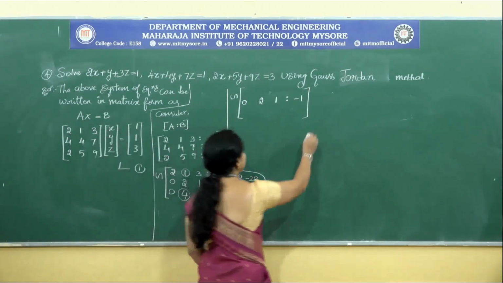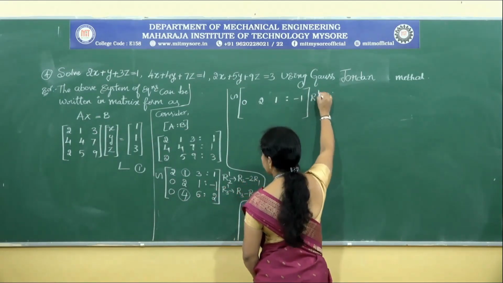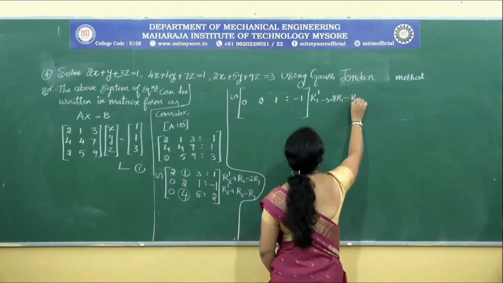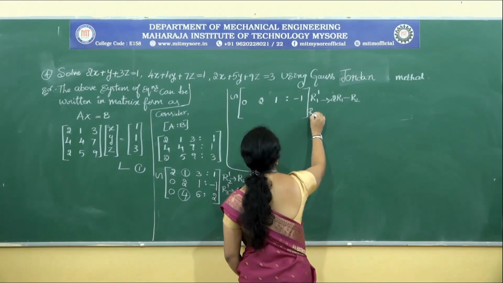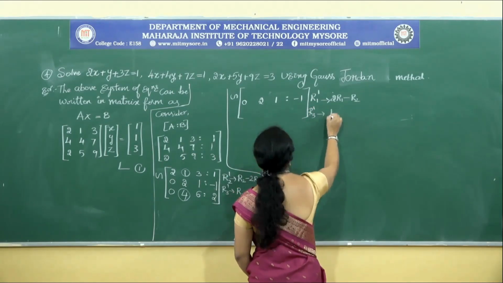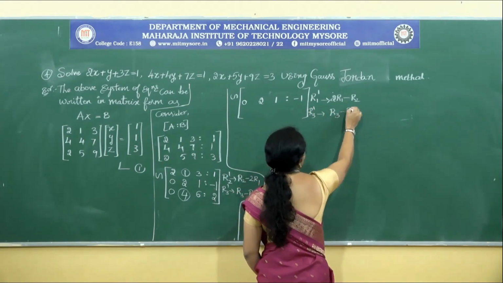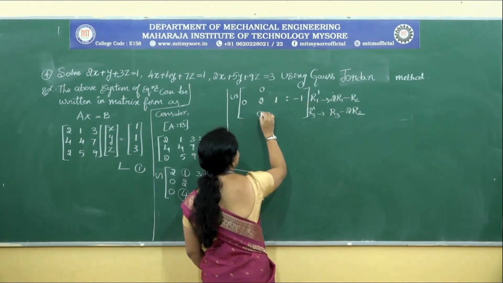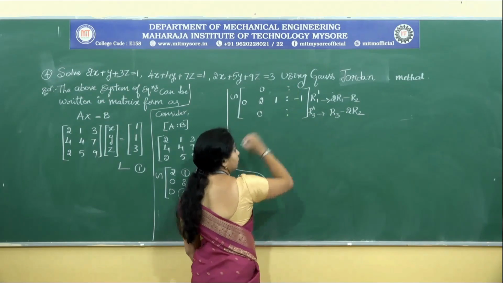The row operation is R1 dash is 2 times R1 minus R2, then R3 dash is R3 minus 2 times R2. Now these two elements are 0.